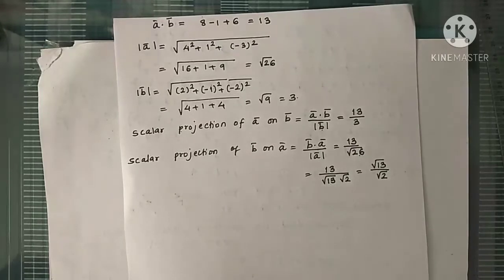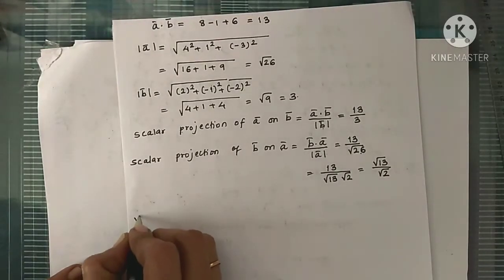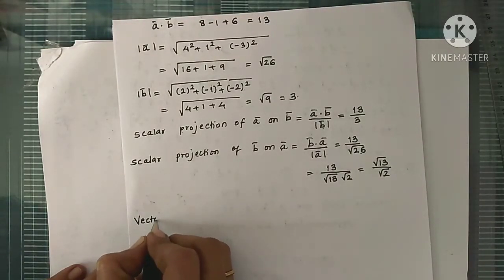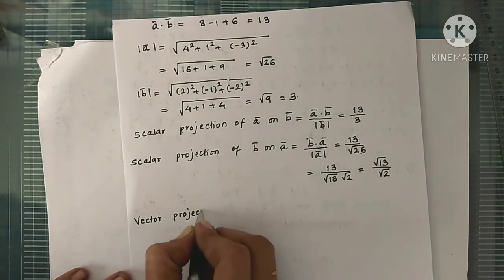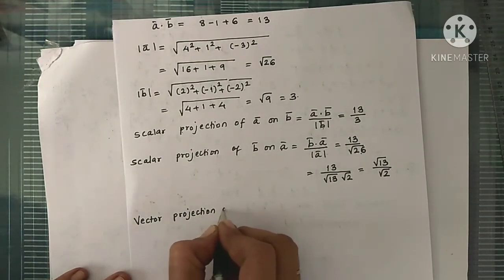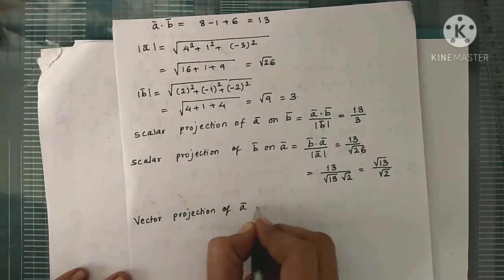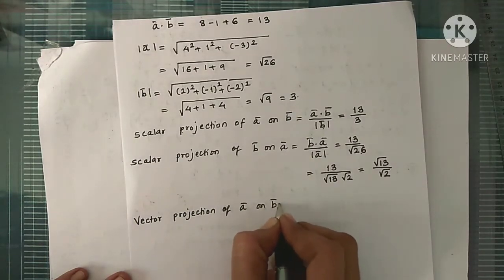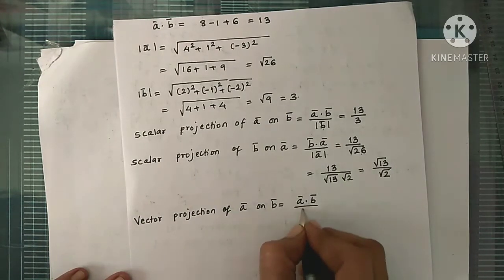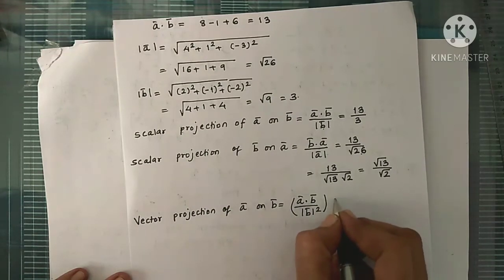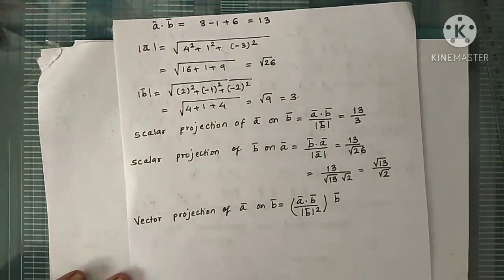Now let's write vector projection. So vector projection of a bar on b bar is a bar dot b bar upon modulus of b bar square. If it is on b bar, we have to write b bar here.